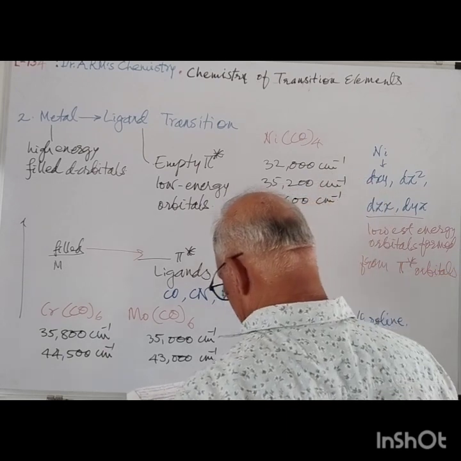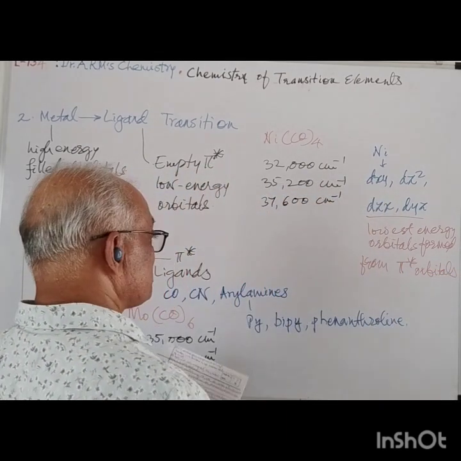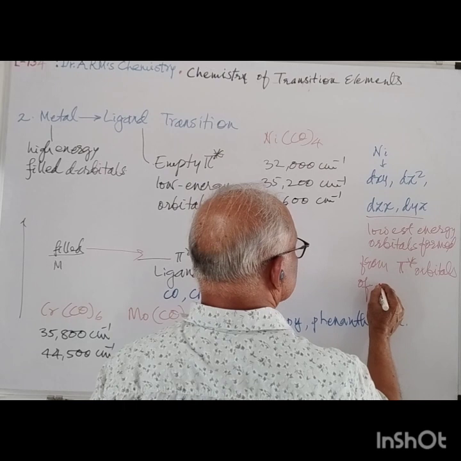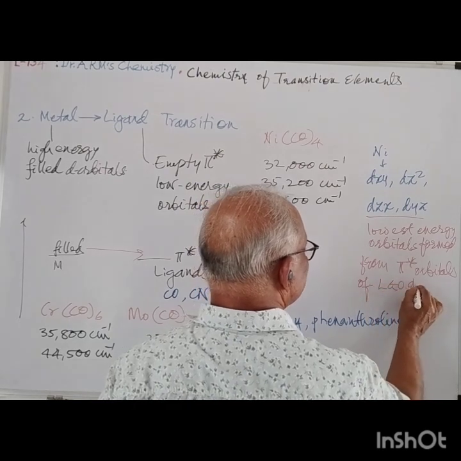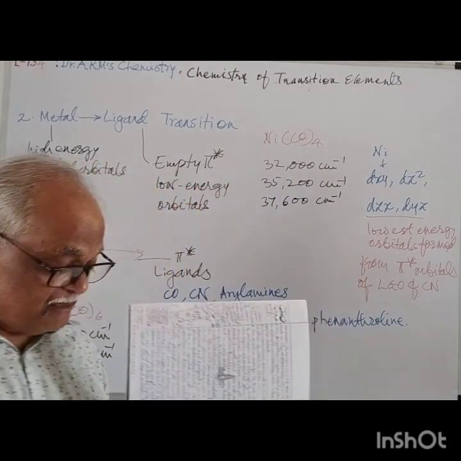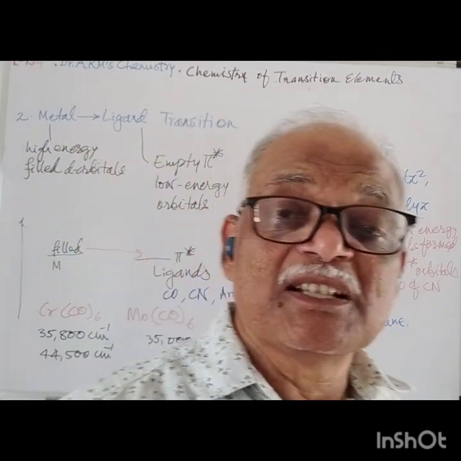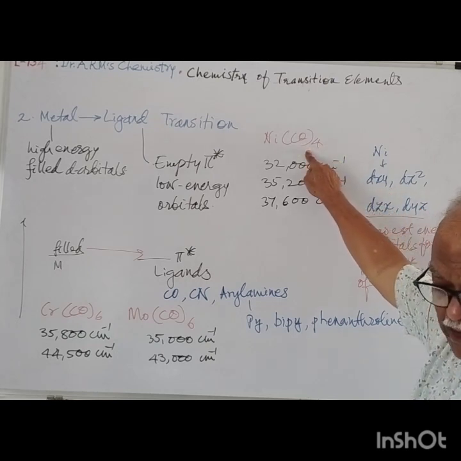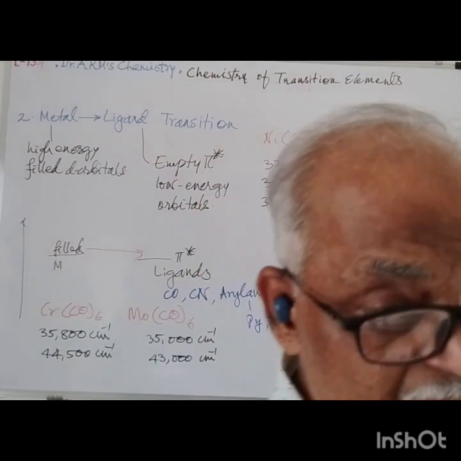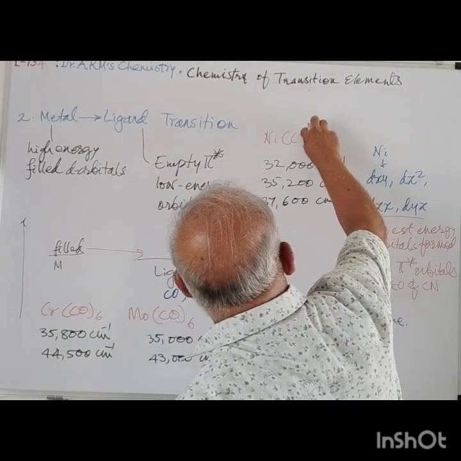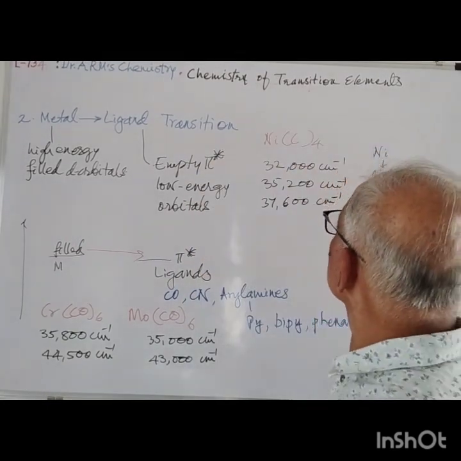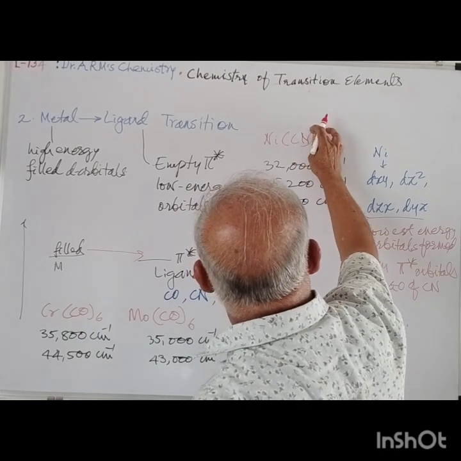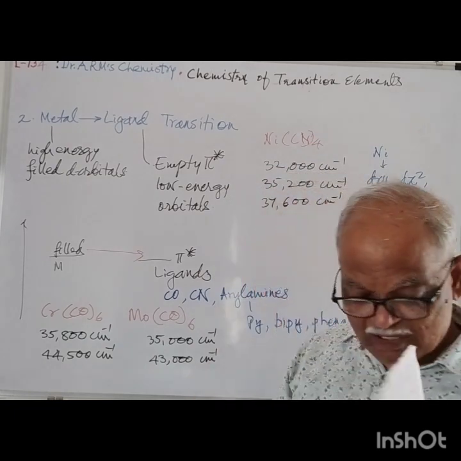The ligand group orbitals are the set of the four CO groups; here we are taking only CO, which are neutral species.